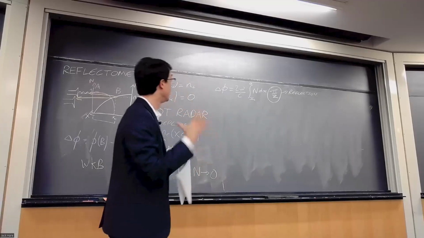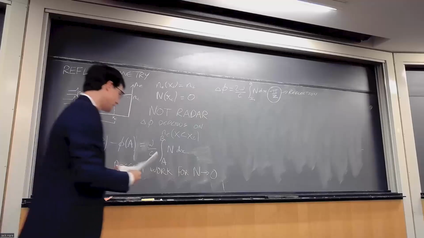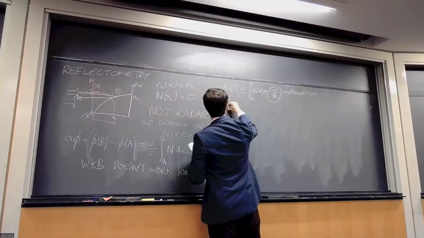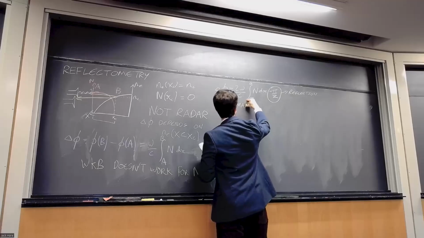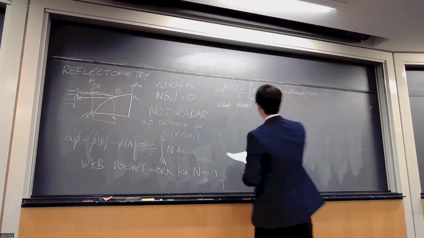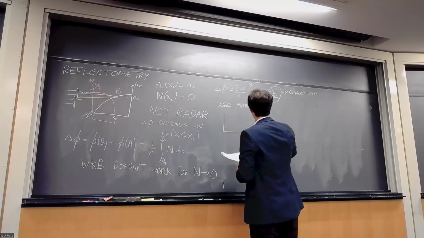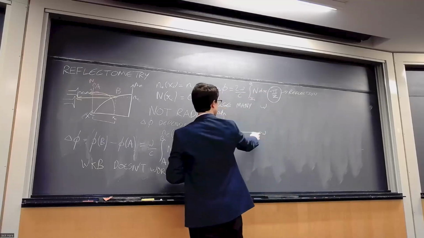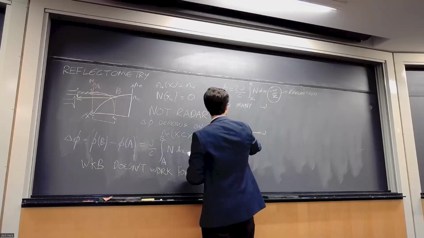Okay, so there are ways around this. And the way around it is you use multiple frequencies. Use many omegas like this. So, for example, you have measurements of delta phi, and you measure it for lots of different wavelengths or different frequencies.